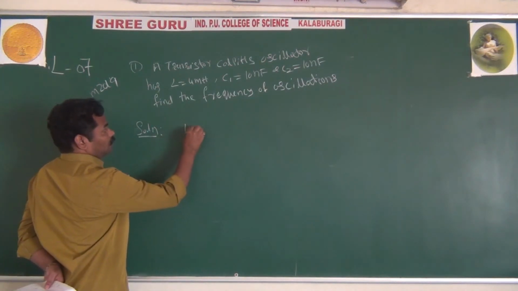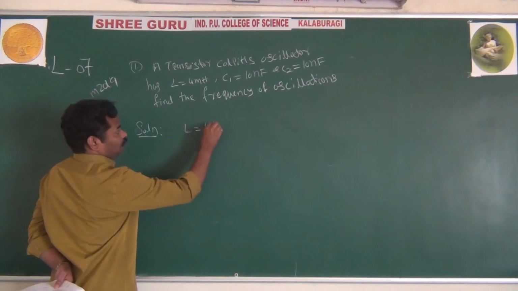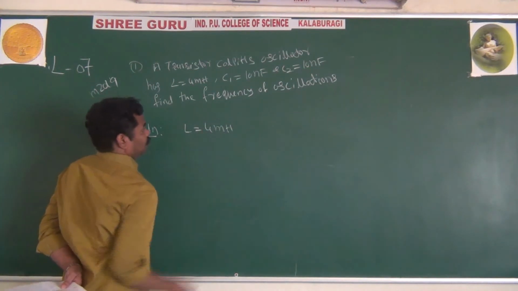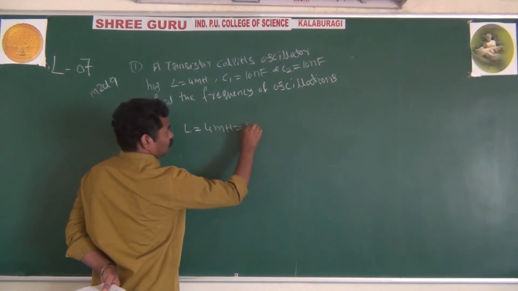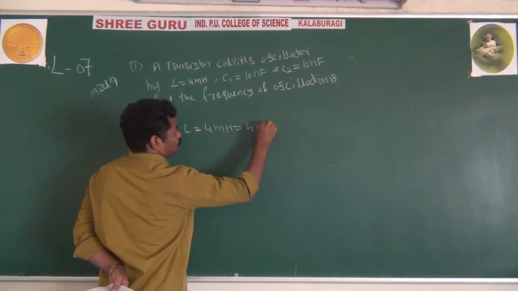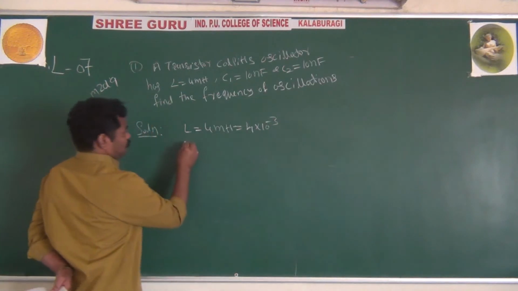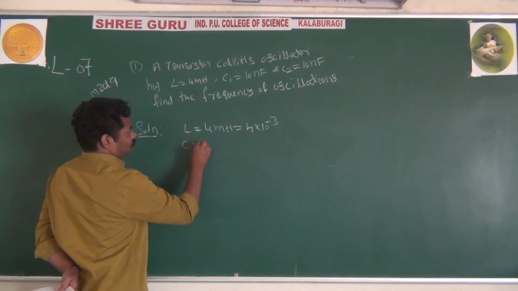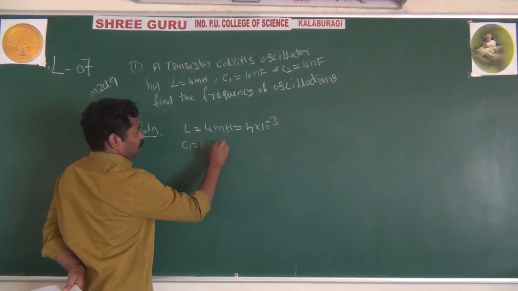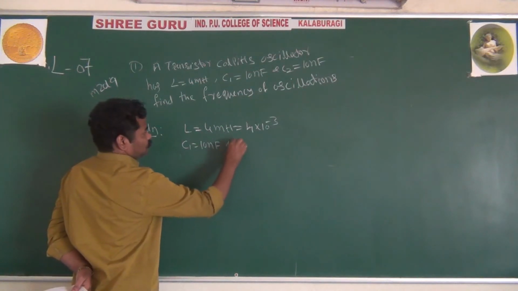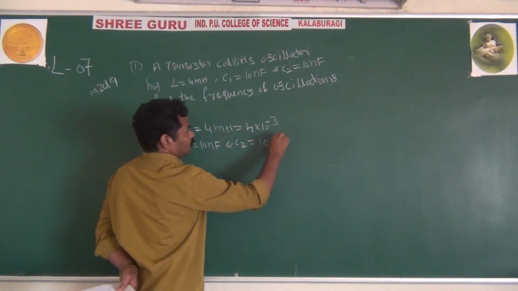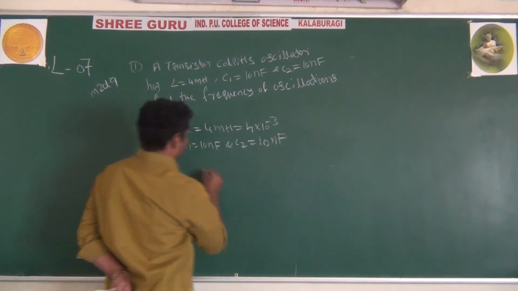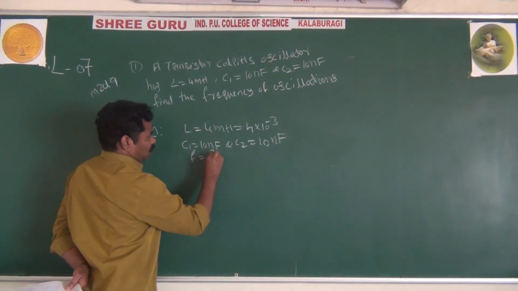They are given L value about 4 mH, nothing but 4 millihenries, 4 into 10 raised to minus 3. And once again, C1 equal to 10 nanofarad, and also C2 equal to 10 nanofarad, and you have to calculate F is equal to how much?